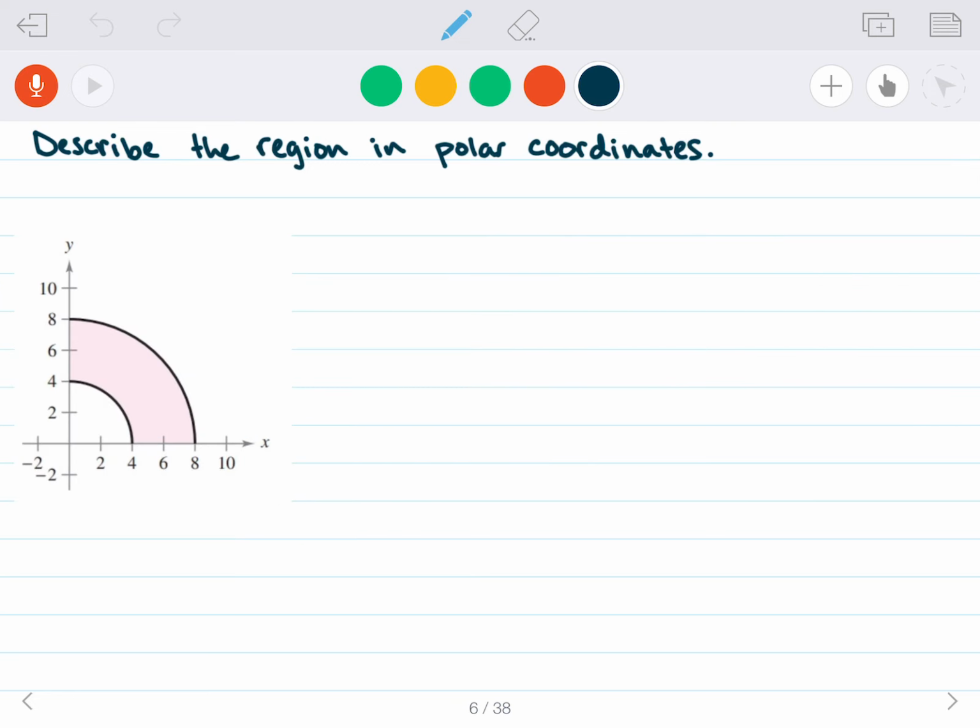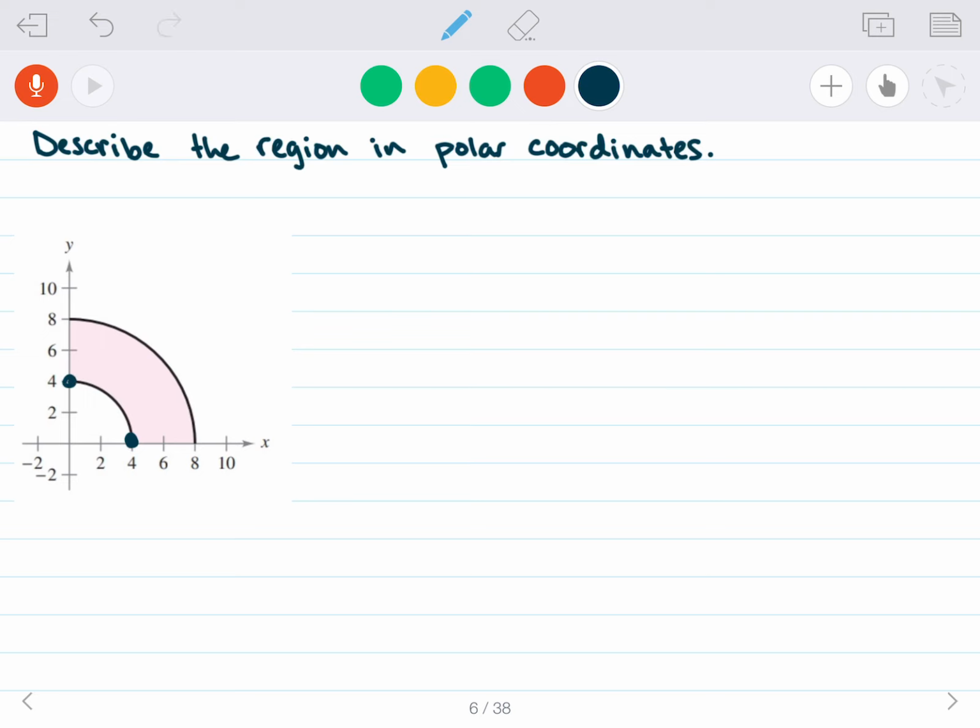Now, what about something like this? Well, here, notice that this part is not included in our region. It's not shaded. So we don't want to start at a radius of 0, because this guy would have a radius of 0, and that's not included in our set here. So we want to start where the minimum radius is, which would be something right here.